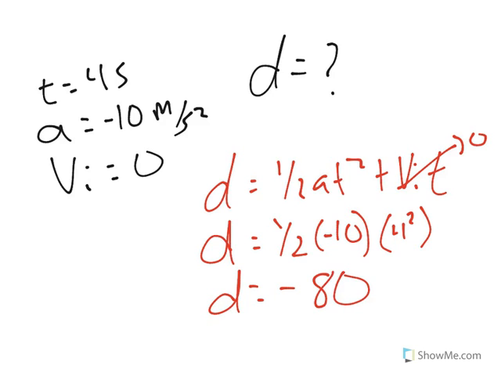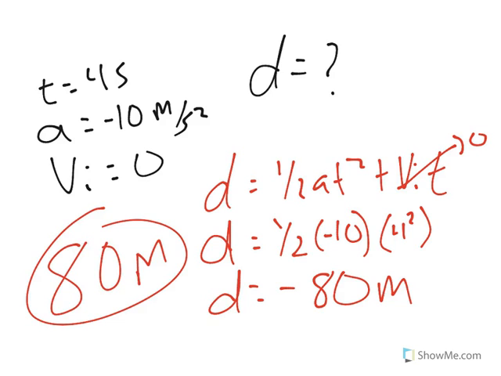So negative 80 meters. And so what that means is that if it fell 80 meters, then the height would just be 80 meters. Or how tall is the building? It's 80 meters tall.